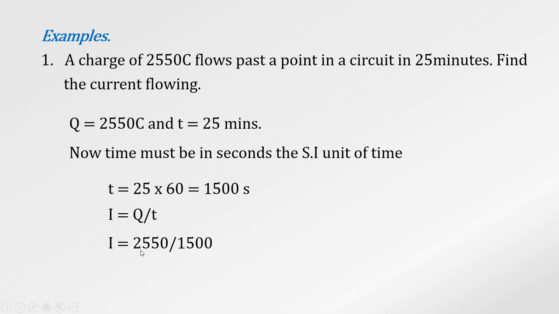We get 2550 divided by 1500, and the current is 1.7 amperes. That is our first example, where the time was in minutes and had to be converted to seconds.